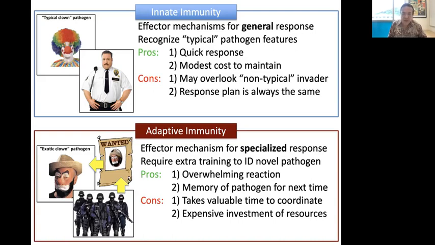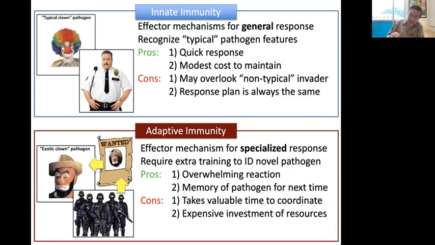So you could say, hey, why don't we just always have a SWAT team present at every single mall? It should be obvious why that doesn't work, because that's way too expensive and way too overkill. You'd rather have just a modest set of guards, the mall cops, just patrolling the mall, and that's good enough to take care of any trouble. So those are the pros.